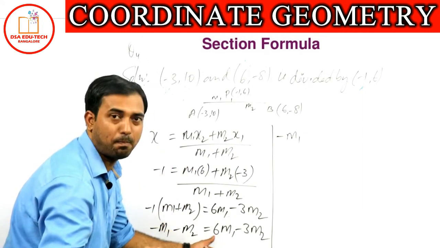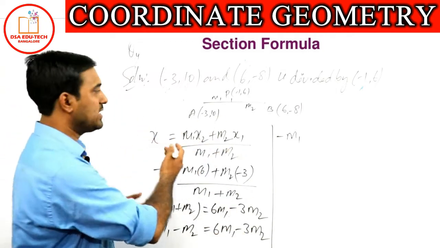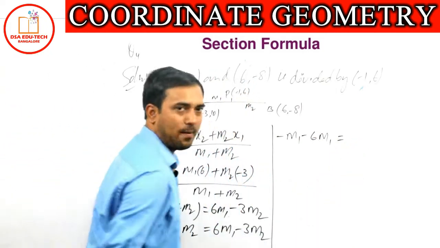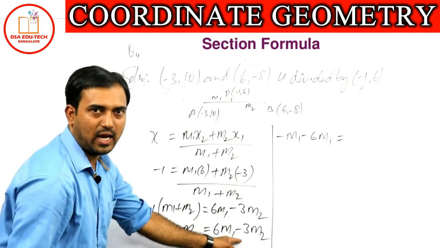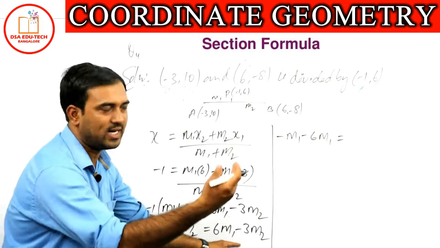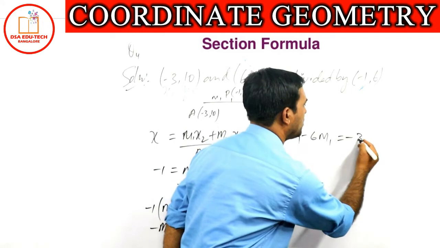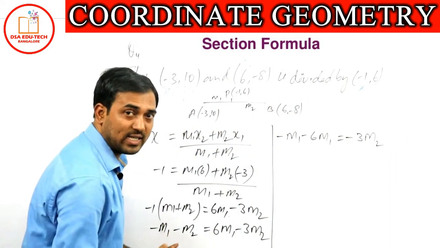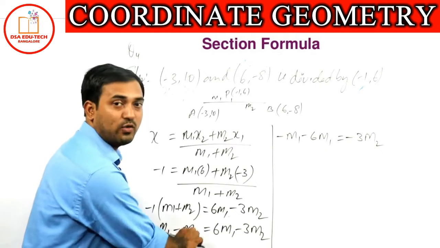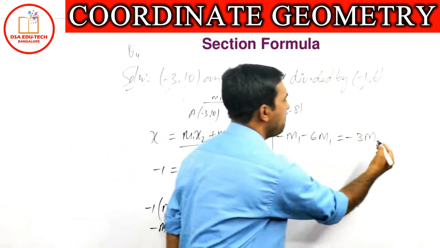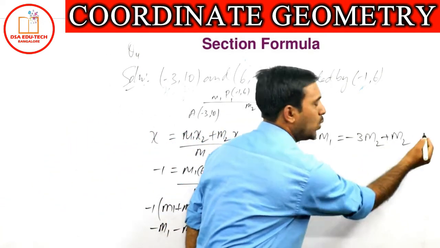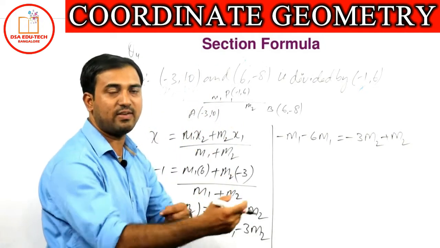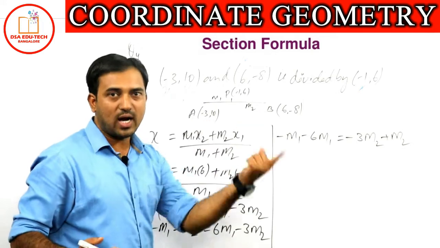Here it is plus, so if I take it to the left hand side, it becomes minus 6m1, equal to minus 3m2, which is on the right hand side and remains the same. On my left hand side I have minus m2. If I take it to the right hand side, it becomes plus m2. Minus becomes plus, plus becomes minus whenever we change from LHS to RHS.